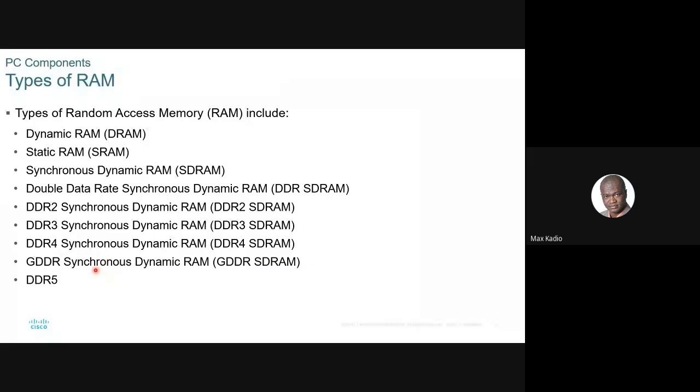If you buy a PC, it may say it supports only SD-RAM, so if you want to change, you must take only SD-RAM. If you buy another PC, maybe a Dell or Huawei, the user manual will say the motherboard supports only DDR4. So in case you want to change the memory, you order a DDR4 SD-RAM memory. If you buy something else, it won't fit.